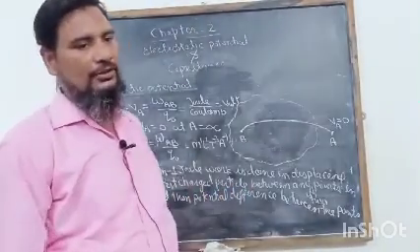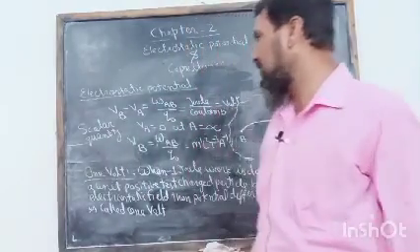This is the definition of 1 volt on the basis of potential difference.